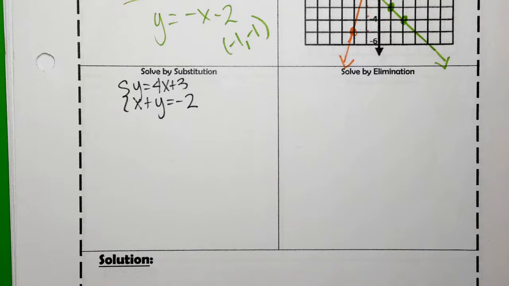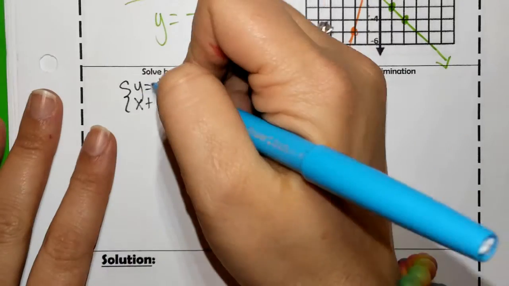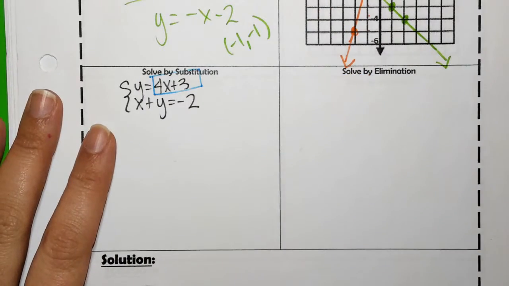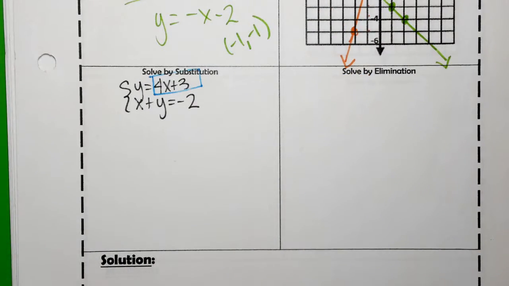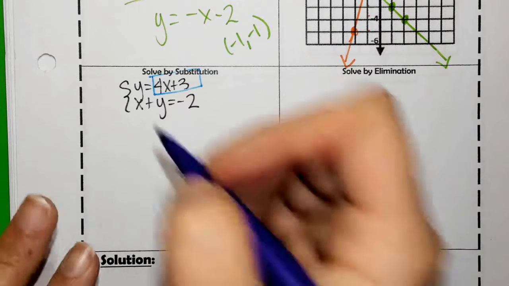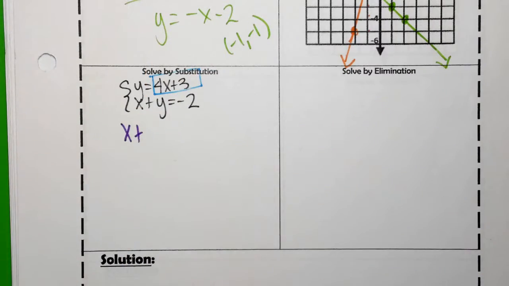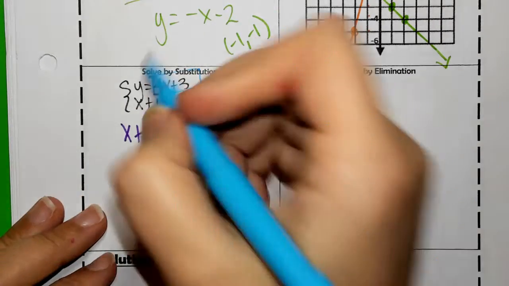So do we have a variable that's by itself that says it equals something? Y. Awesome. So y equals 4x plus 3. So what are we going to replace y with? 4x plus 3. Fantastic.